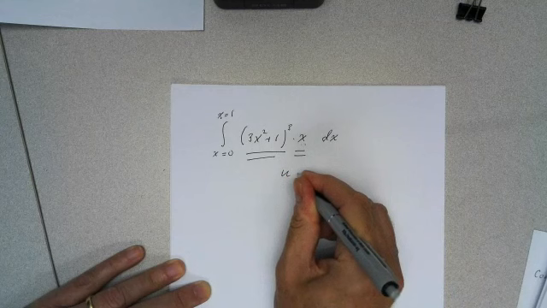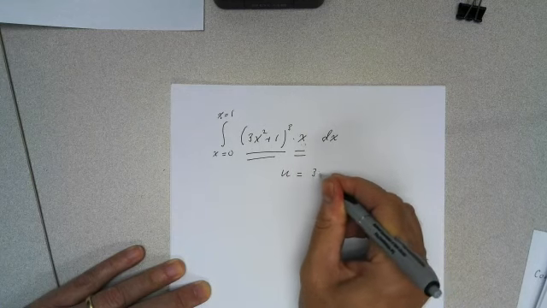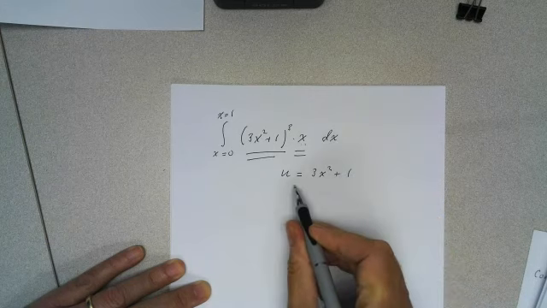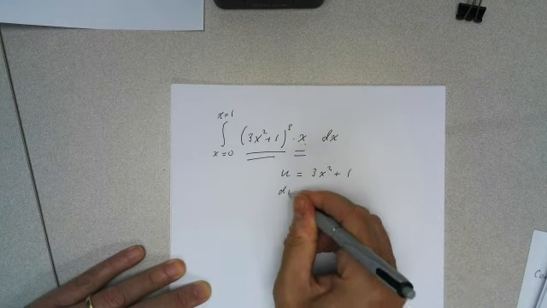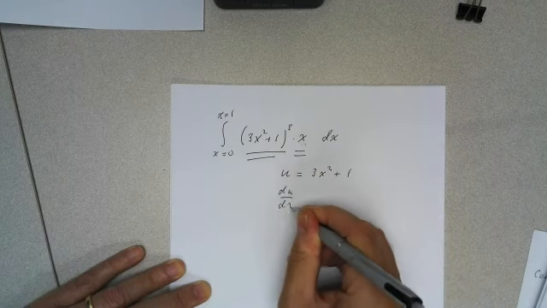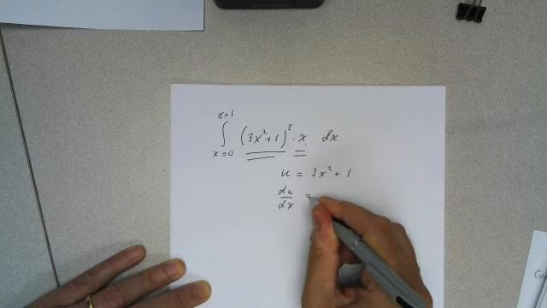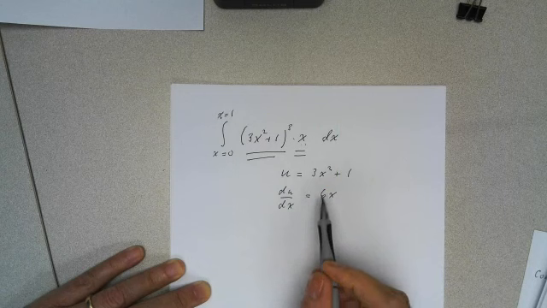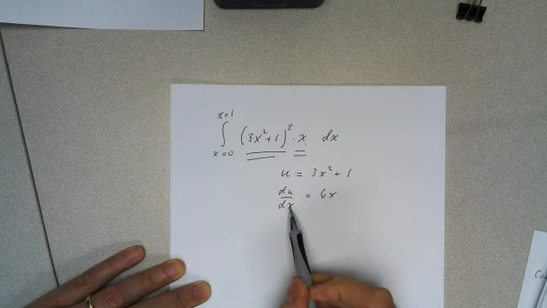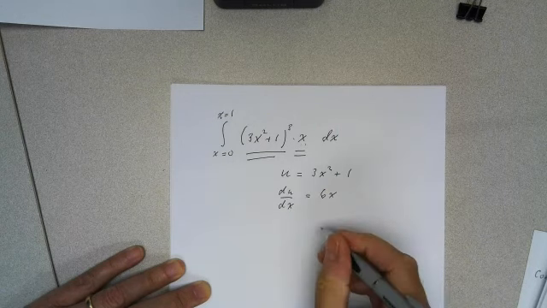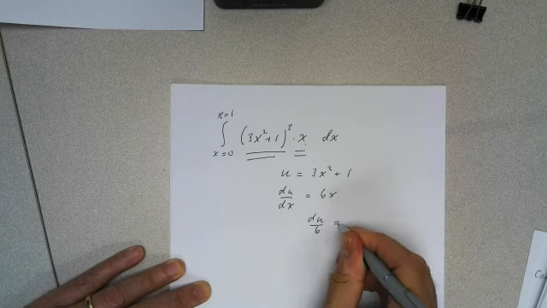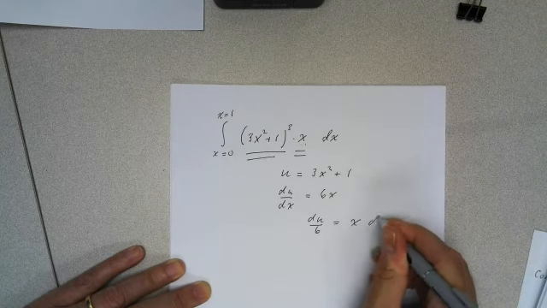So we let u be 3x squared plus 1. Its derivative is 6x, and if we cross multiply and divide by 6, this tells us that du over 6 is equal to x dx.